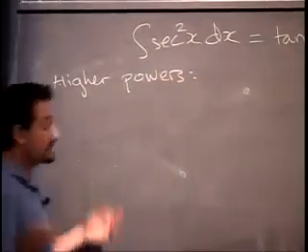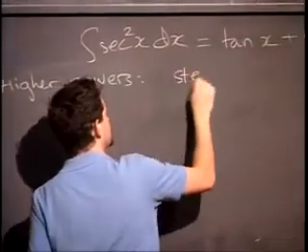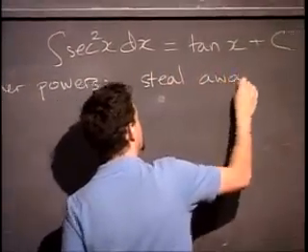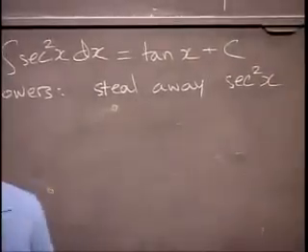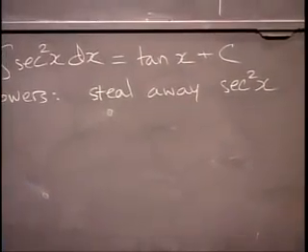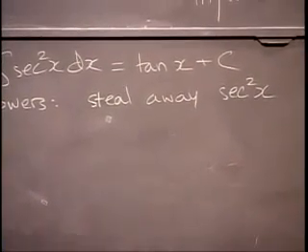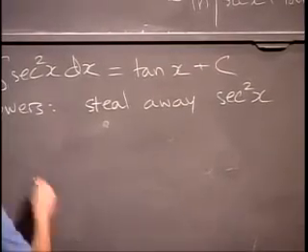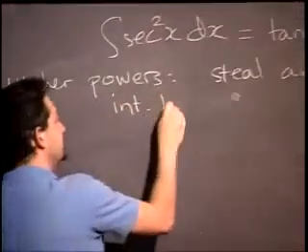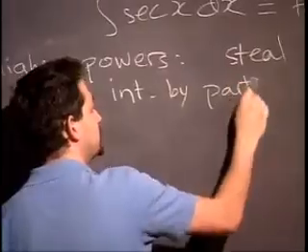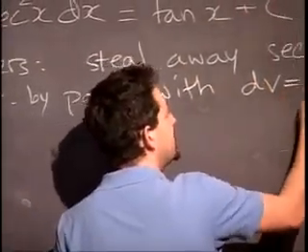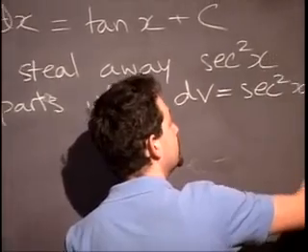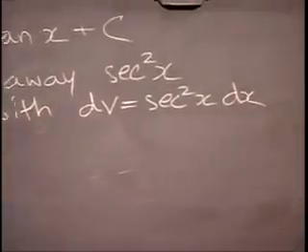Steal away secant squared. So far, so good. But you've got to resist the temptation to write it as tan squared x plus 1. Instead, you've got to integrate by parts, with dv as secant squared x dx, and u as everything else.